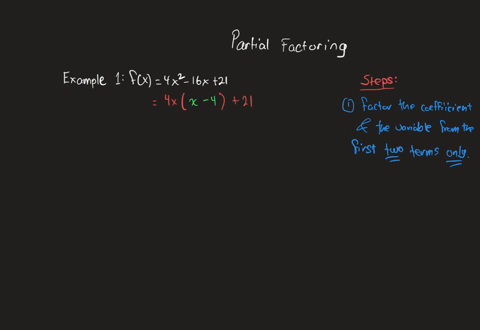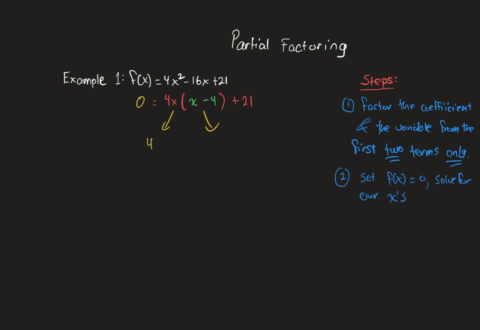Here is where the methods differ. In our second step, we are going to set it equal to 0. So we're going to set f of x equal to 0 and solve for our x's. Okay, so in this case, we've got equal to 0.